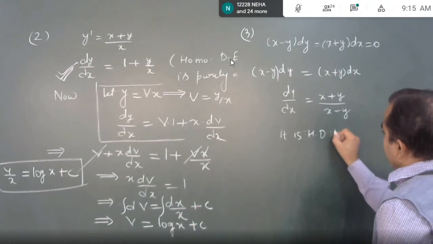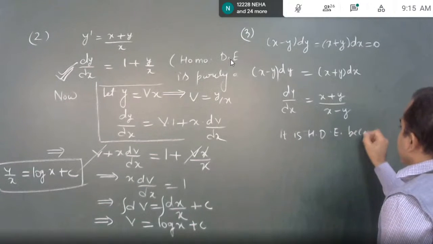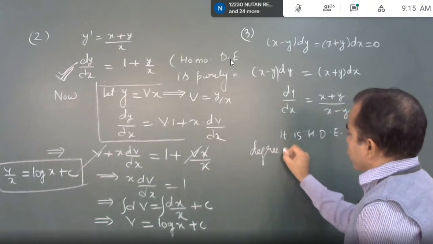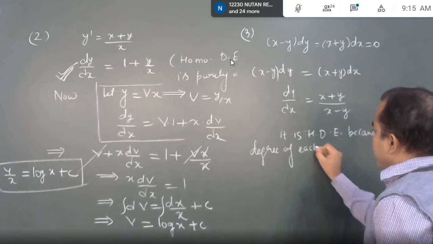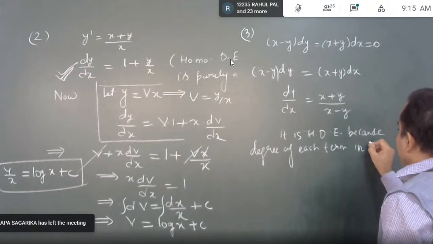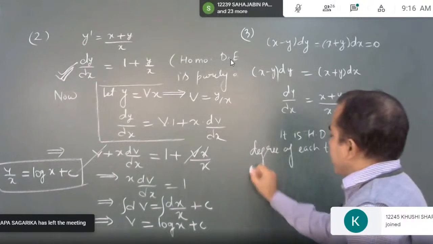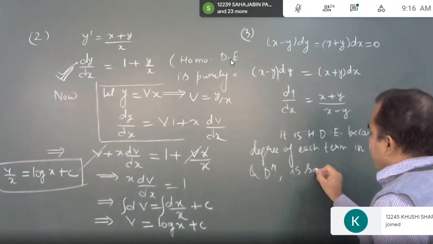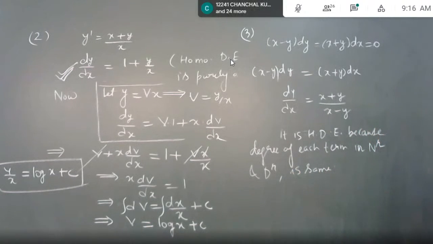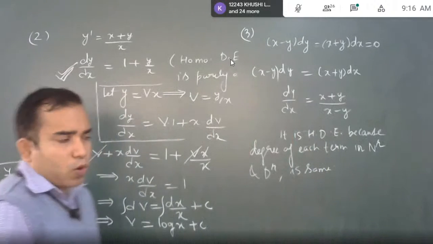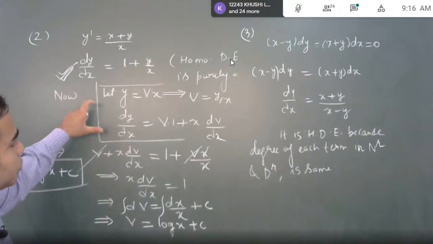So it is a homogeneous differential equation because the degree of each term in numerator and denominator is the same, right? This also is a way to prove that this is homogeneous. Now to solve it, I should make these two substitutions.